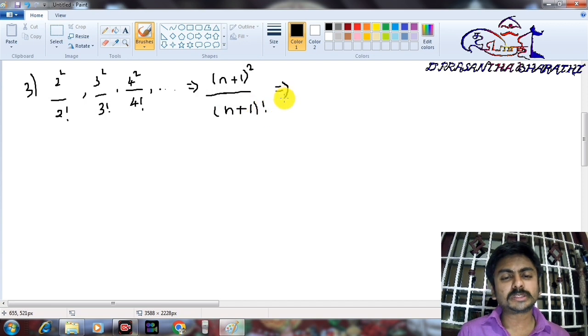So this is our solution: n plus 1 the whole square divided by n plus 1 factorial.